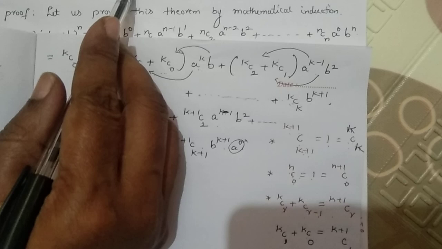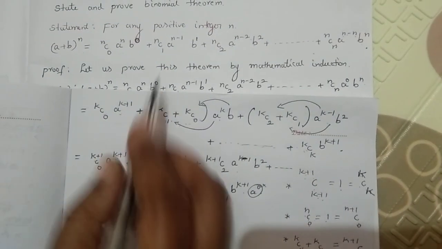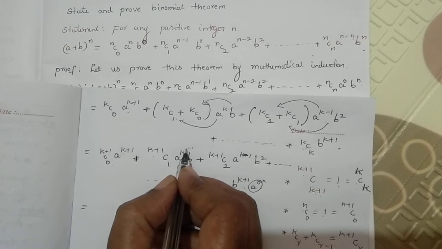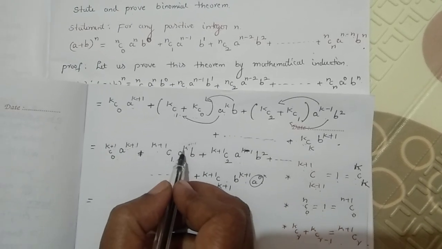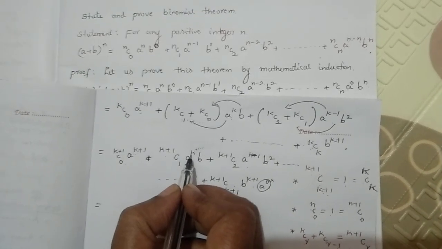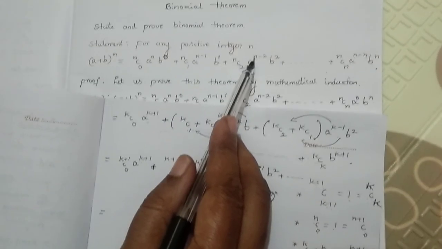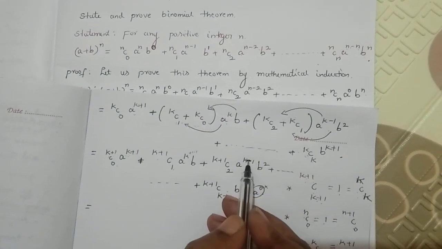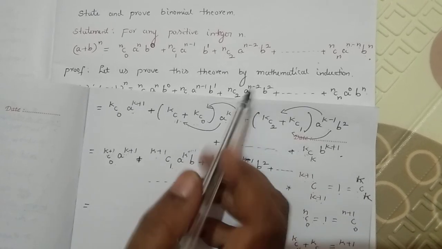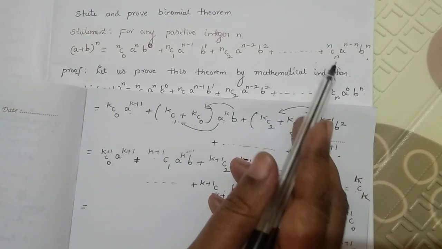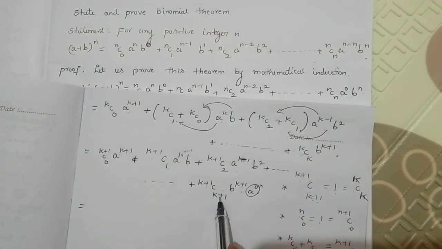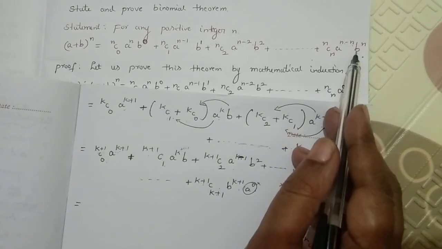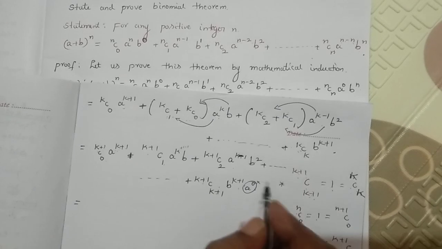Here n minus 1: plus 1 minus 1 cancelled, so only k is remaining. Here n is k plus 1 minus 2, which leads to k minus 1, b square as it is. So on, the last one, k plus 1 C k plus 1, a power 0, b to the power of n, which is k plus 1.